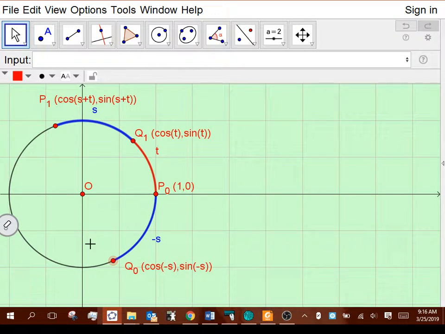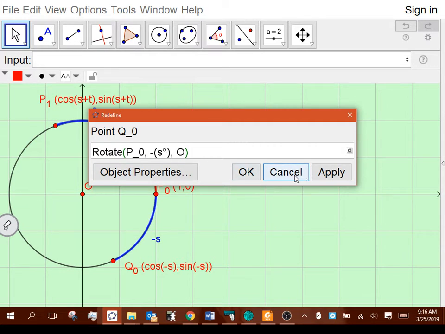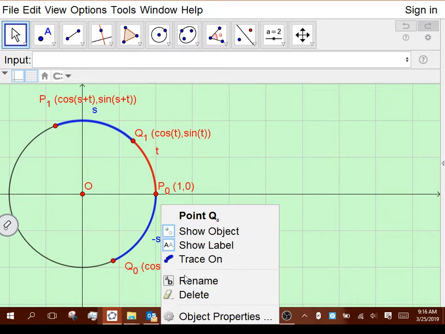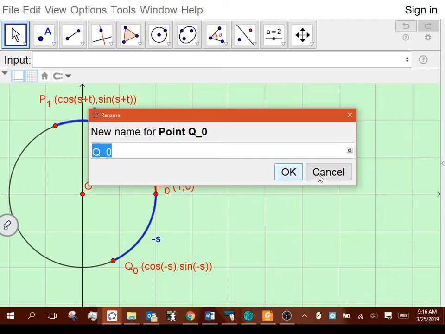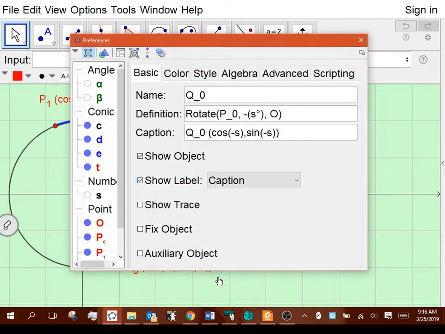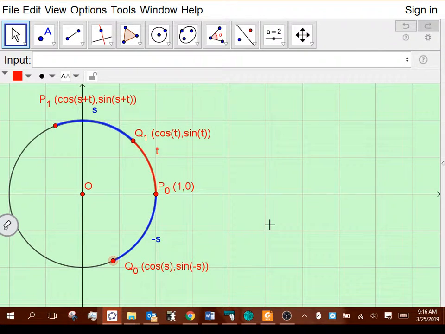What that means then, if I want to know this x value, isn't that x value the same as maybe the x value up here if Q0 was reflected across the x-axis? Does that make sense? So isn't the cosine of negative S the same thing as the cosine of S? That makes sense, everybody?